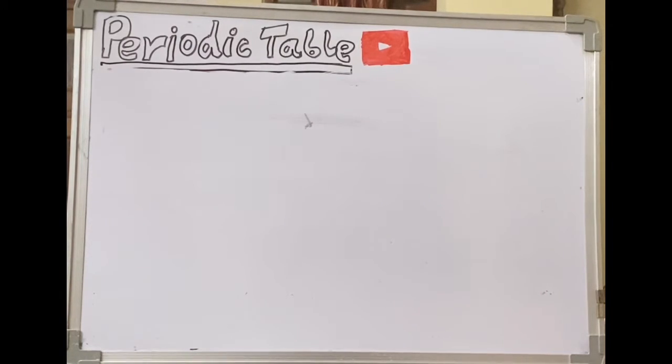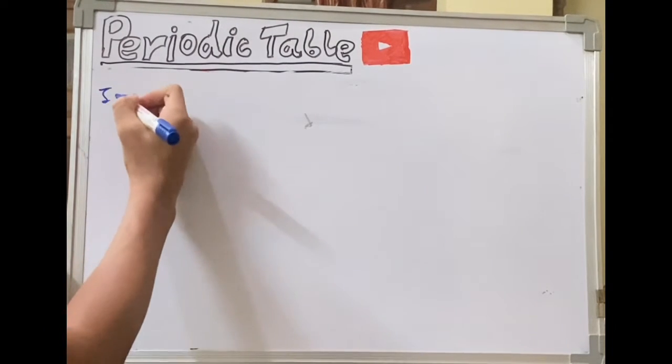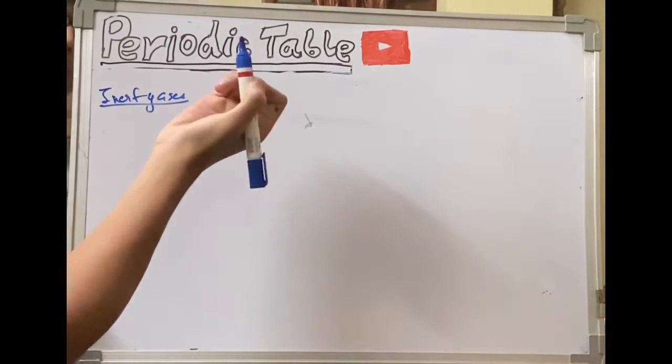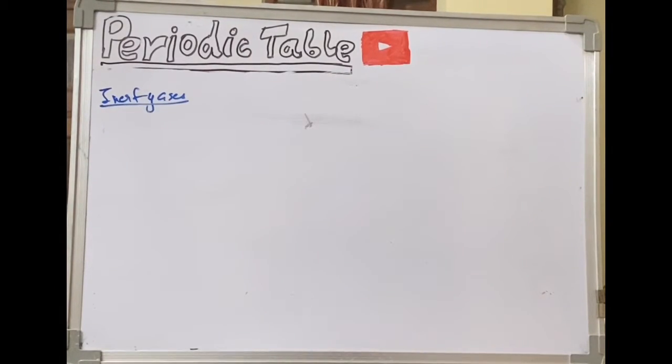Now we come to the types of elements. The first category is inert gases. As the name says, it consists of the elements which have the s and the p orbitals of the outermost shell completely filled, and these come in group 18.